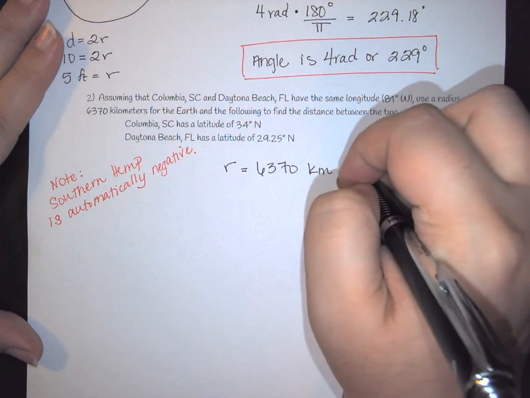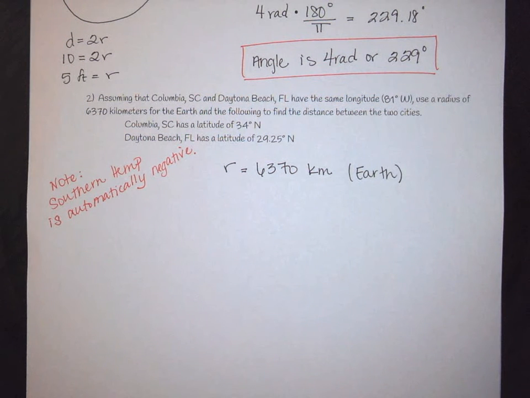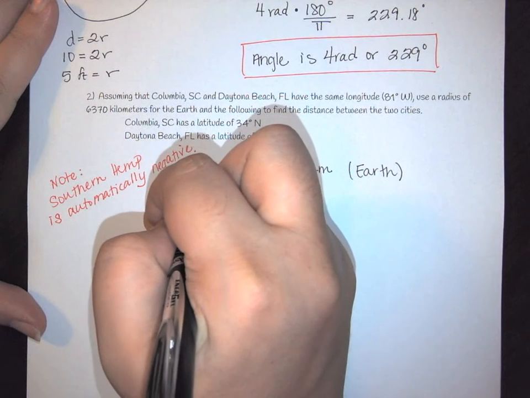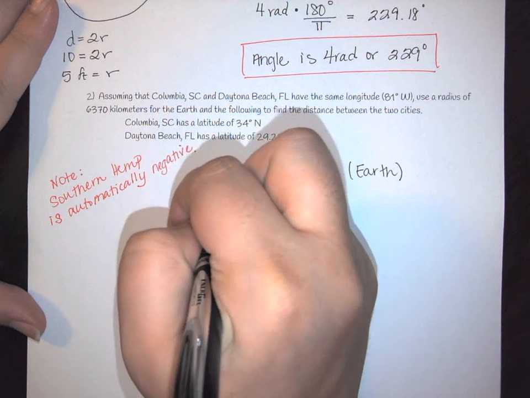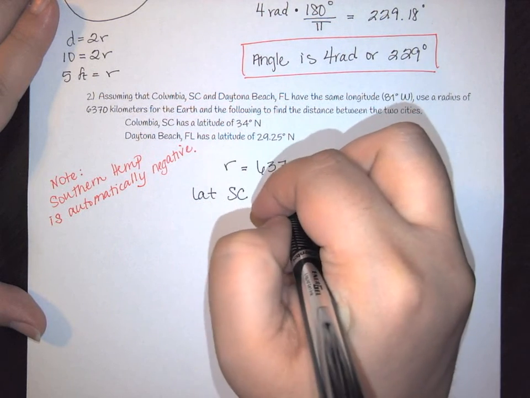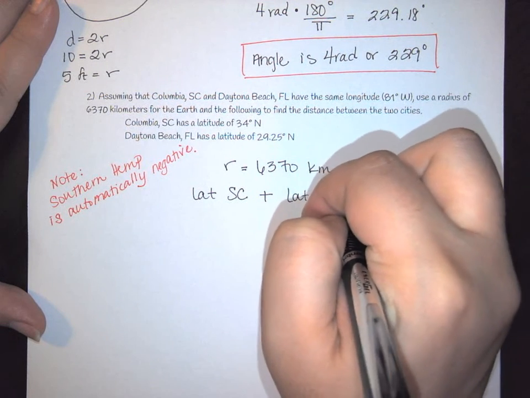We also know that that was in reference to the Earth itself. Now, that being said, we have to take the latitude of South Carolina and we're going to add it to the latitude of Florida.